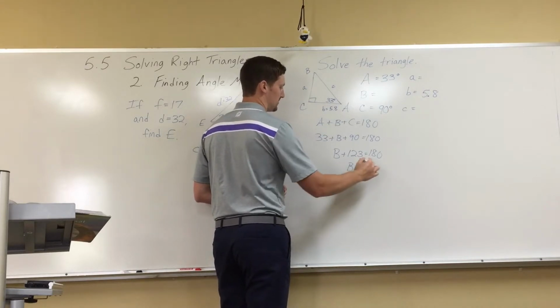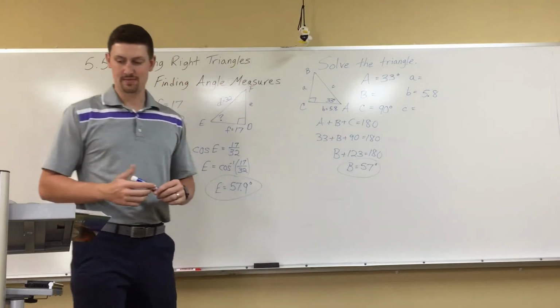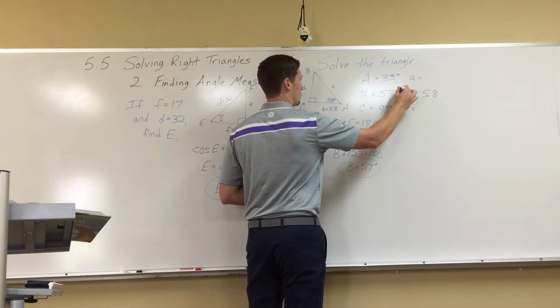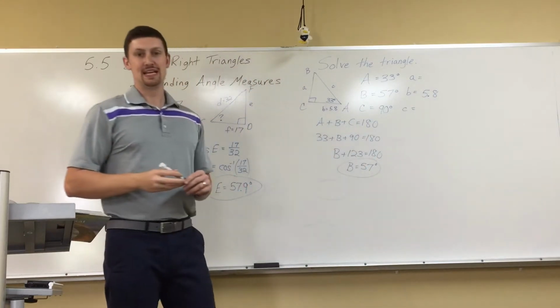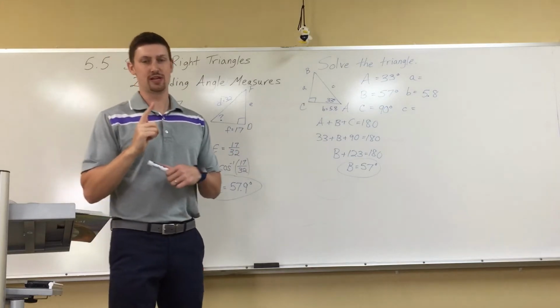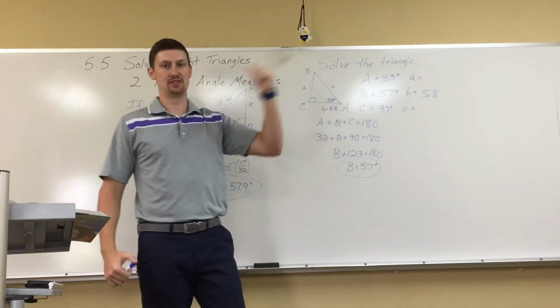B equals 57. Okay, B equals 57 degrees. Plug that in. If they give you two angles, finding the third one's easy. You just add them up, subtract from 180. 57 degrees.